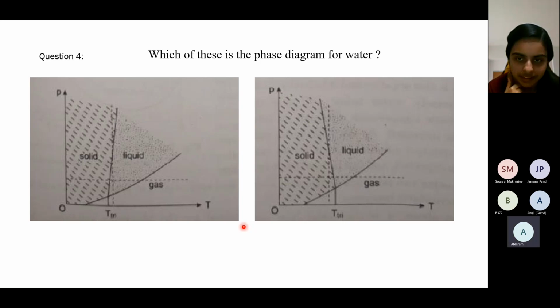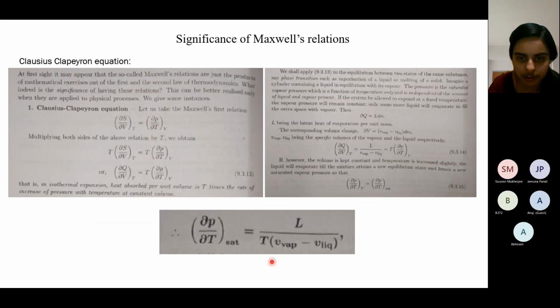Yes, okay, but then you have to also remember the reason behind it, and that is very fundamental. If you look back at this expression, it tells us that depending on what this slope is, the volume will either increase or decrease.